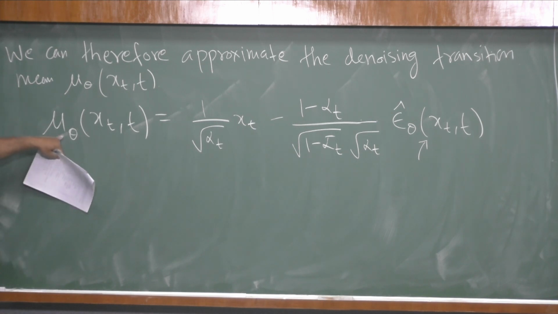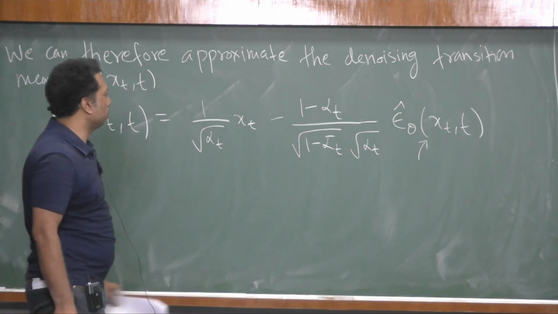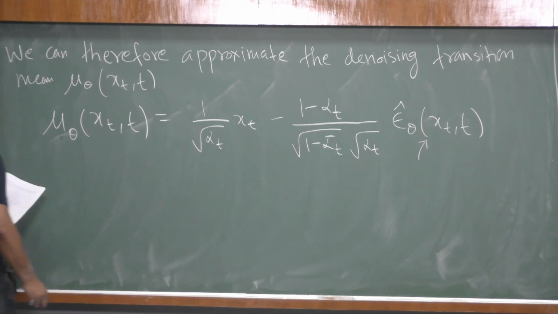If we have this choice of mu theta, the predicted mean of the denoising process, then we can again look at the KL divergence with mu theta and mu q, and we want to see how the KL divergence looks like with this choice, right?